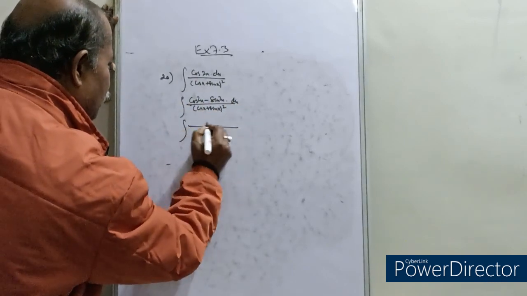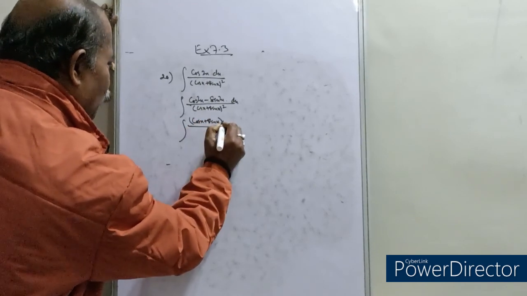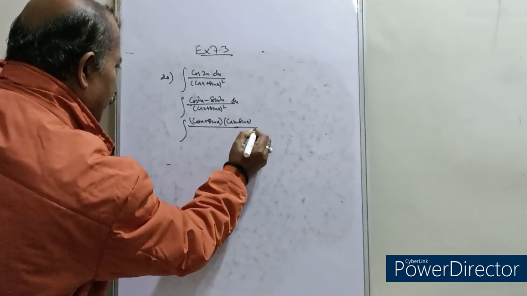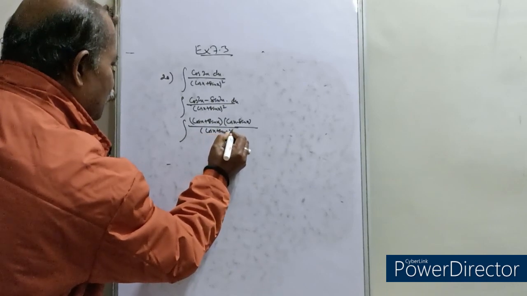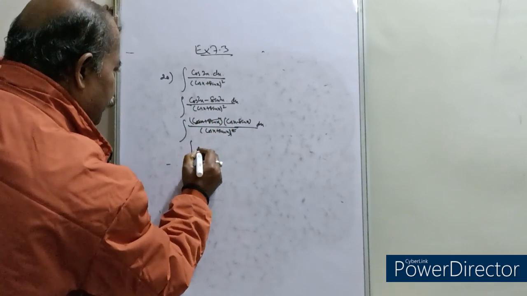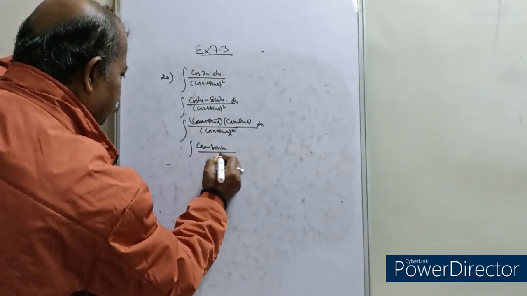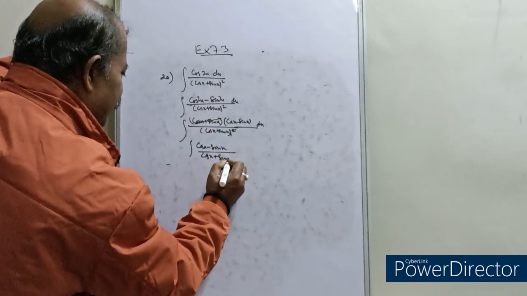So this comes out to be (cos x plus sin x) into (cos x minus sin x) divided by (cos x plus sin x) the whole square dx. So this cancels out. So here (cos x minus sin x) by (cos x plus sin x) dx.